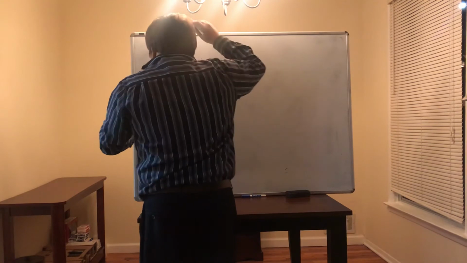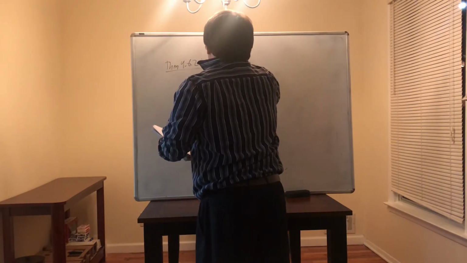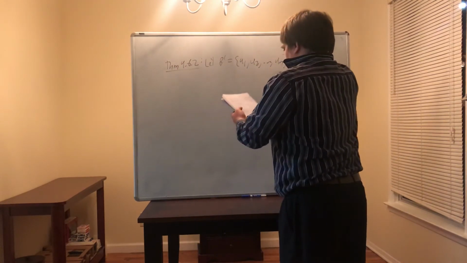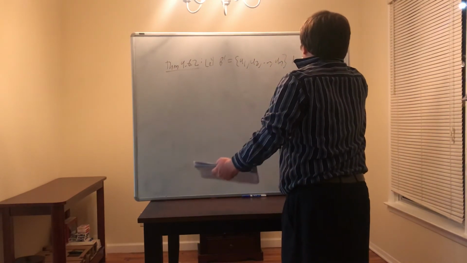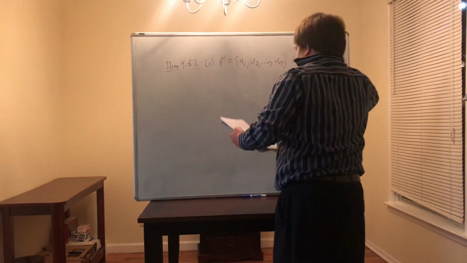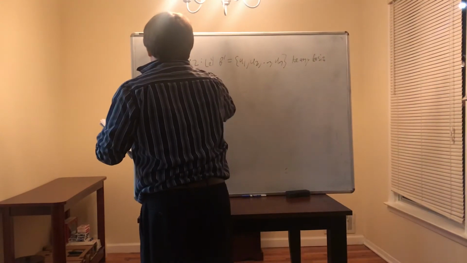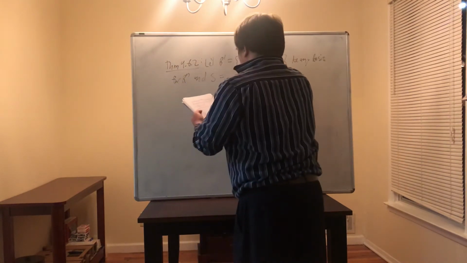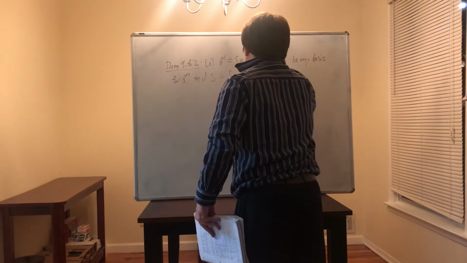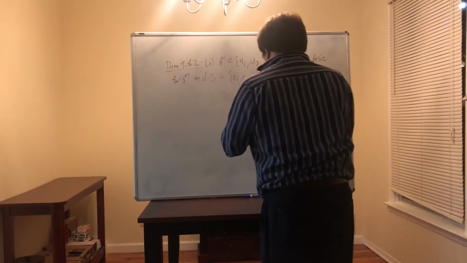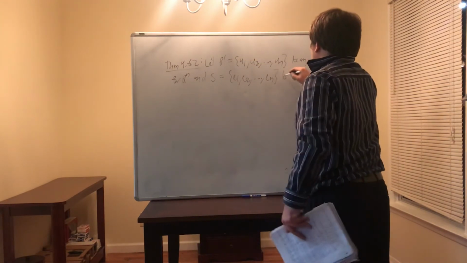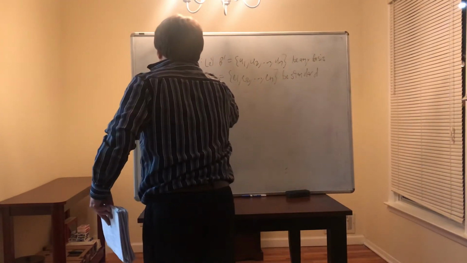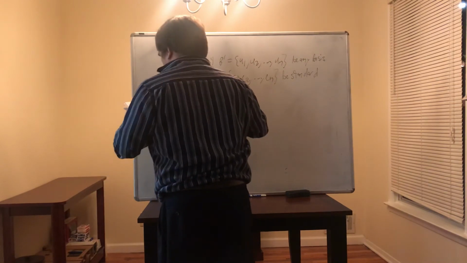Okay, and now theorem 4.6.2. Let B prime equal to the set U1, U2, to Un be any basis for the vector space Rn, and let S equal to the set E1, E2 to E sub n be the standard basis for Rn.